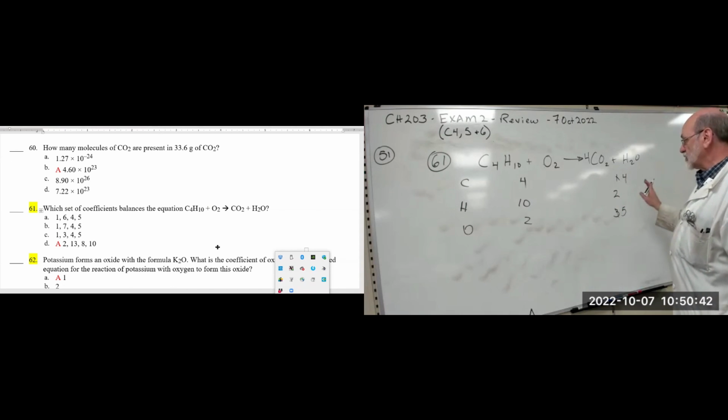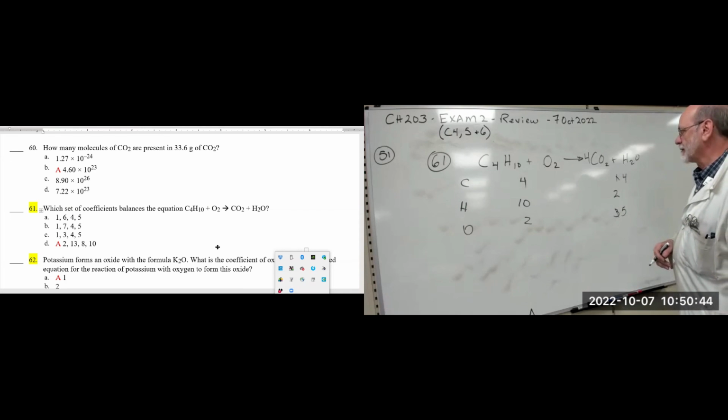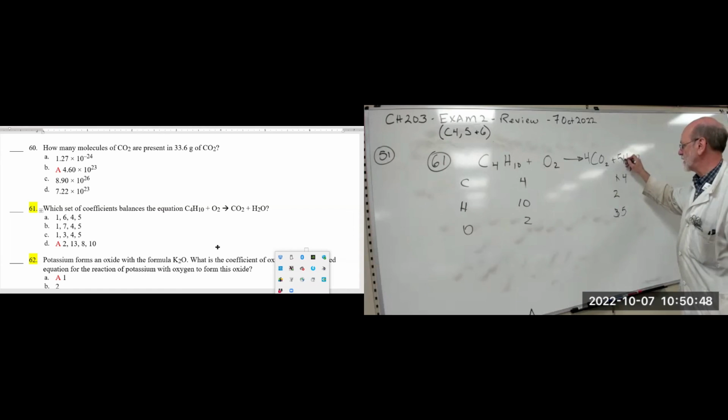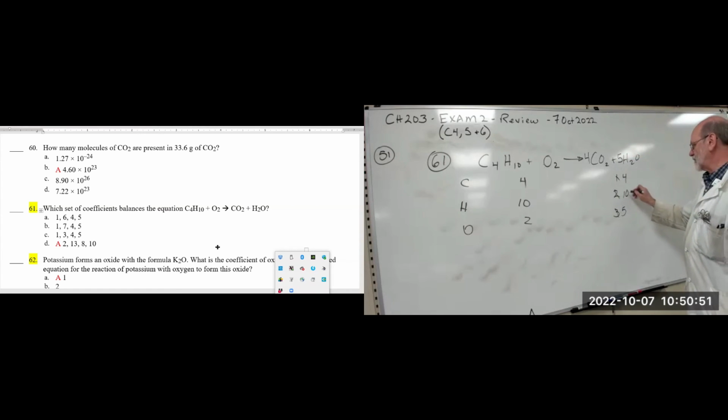Okay, now we're going to do hydrogen. We got 10 on that side. We need 10 on this side. 10 hydrogen. It messes up our oxygen again. So now we got 8 plus 5 is 13. Okay? So we need a trick.